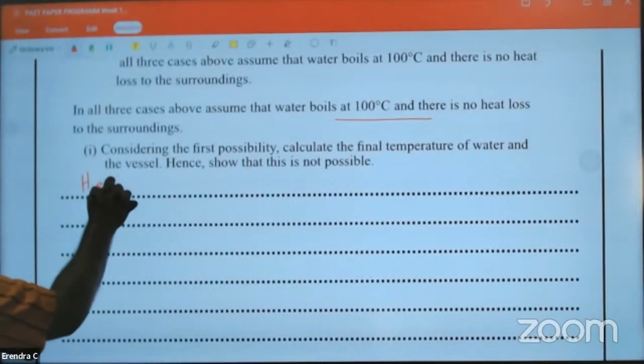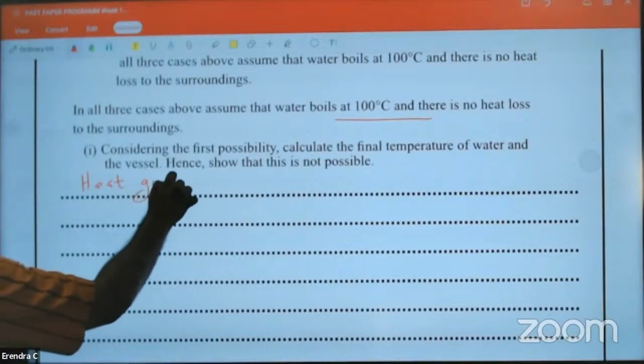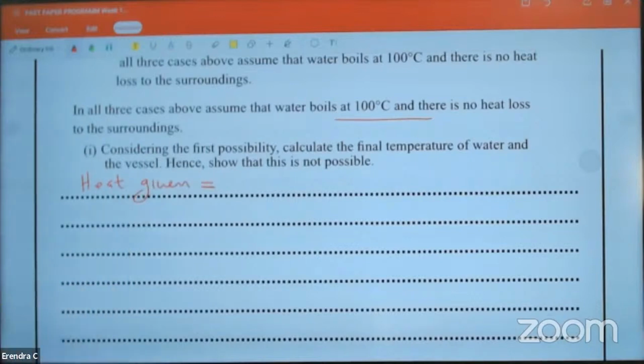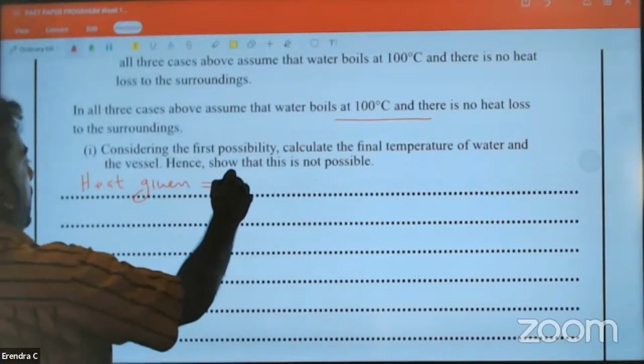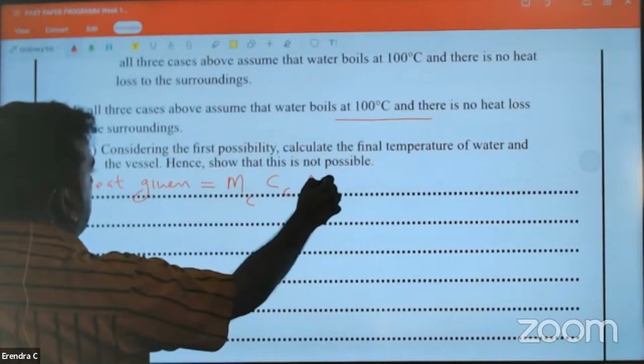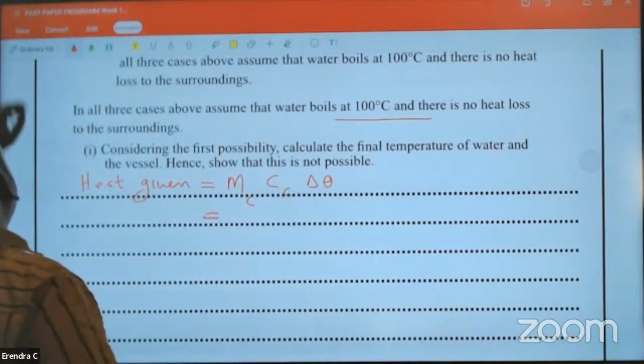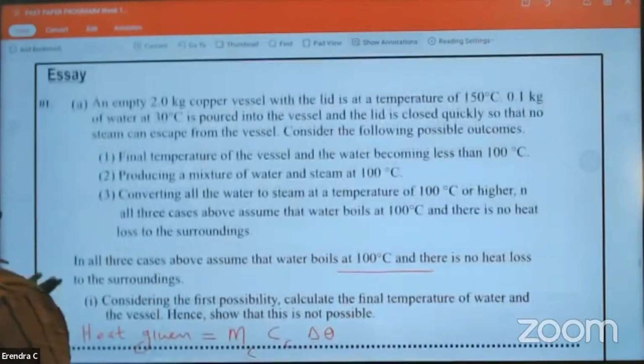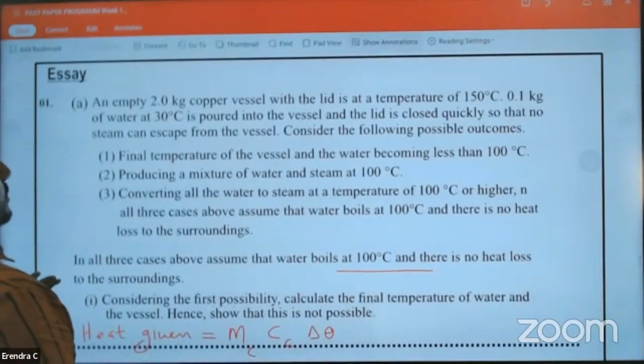Heat given. Who is giving heat? Calorimeter is giving heat. Mass of copper, specific heat capacity of copper, change in temperature. Mass of copper, 2 kilogram. Initial temperature 150.